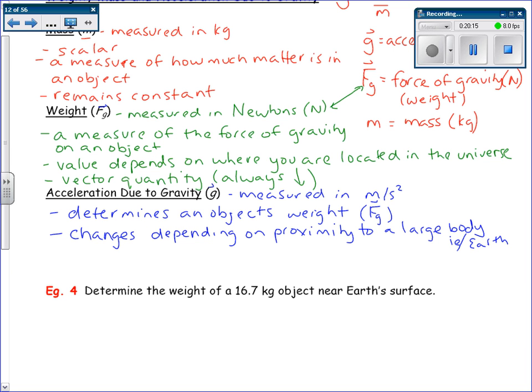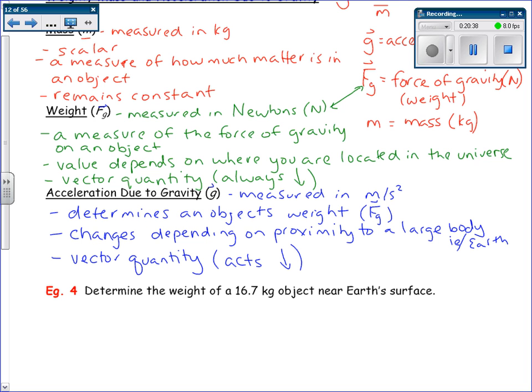Okay. So all objects that are within the same area are going to experience the same acceleration due to gravity. Everything that's close to Earth experiences an acceleration due to gravity of 9.81 meters per second squared. And it is a vector quantity. It acts down all the time.